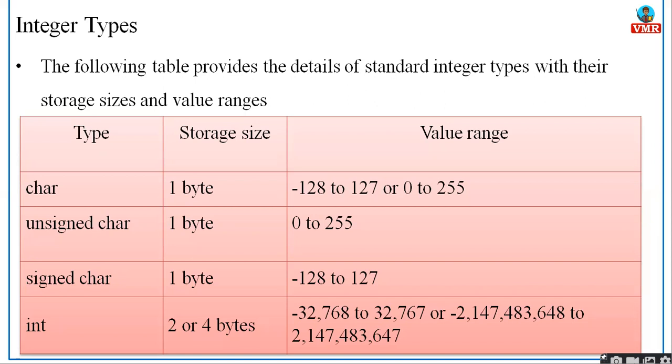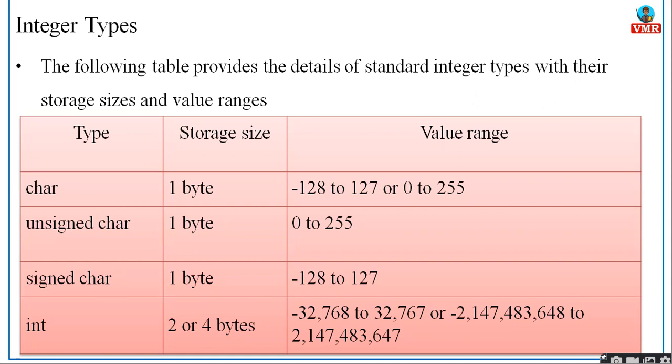Signed char is 1 byte again, as usual. When you give negative values, you use -128 to +127. Why not 128? Because in the middle you have the 0, so you deduct one value from the uppermost value.